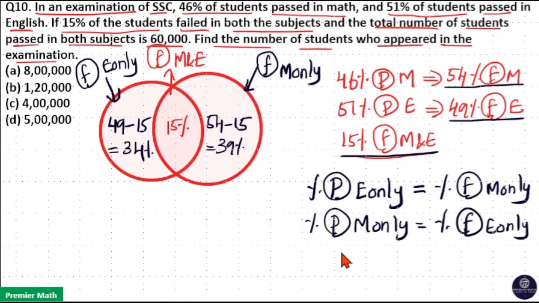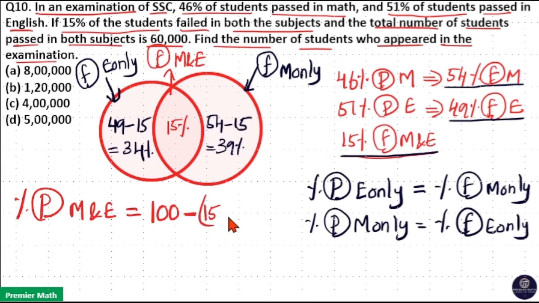So the remaining will be the percentage of students who passed in maths and English, that is, both the subjects. That will be equal to 100 minus these three, that is, 15% minus 34% minus 39%.